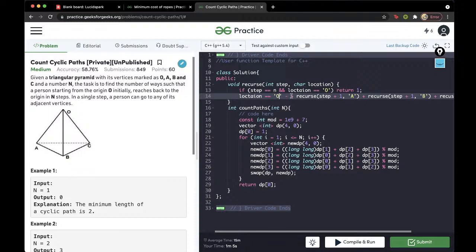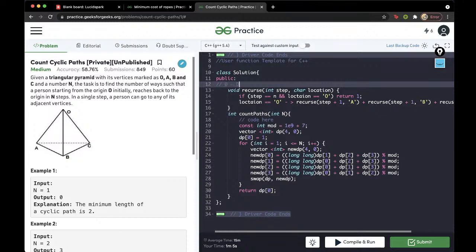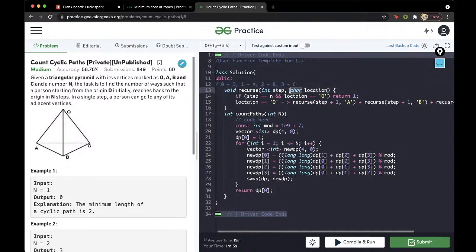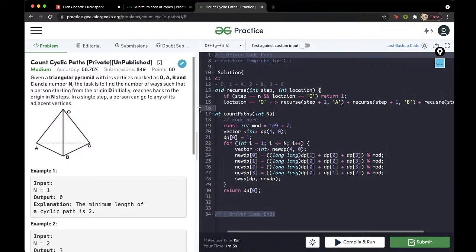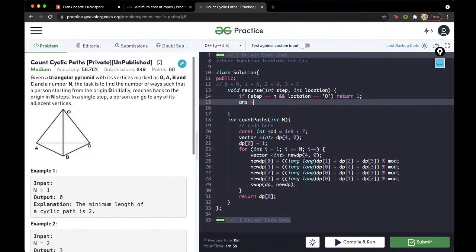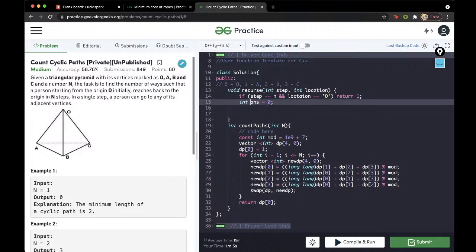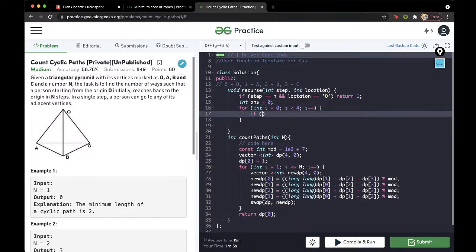So now instead of writing the location as a variable, we can map it to a number: 0 means O, 1 means A, 2 means B, and 3 means C. So int location, plus you cannot go from a location to the same location again, right? Let me name this next location.